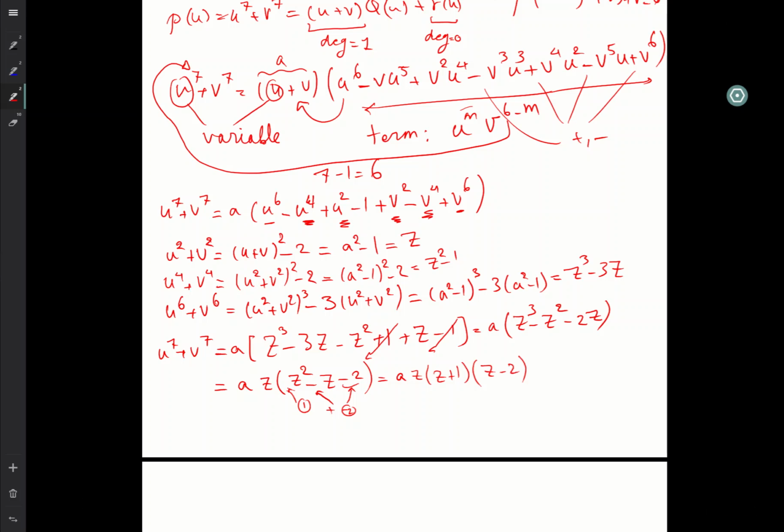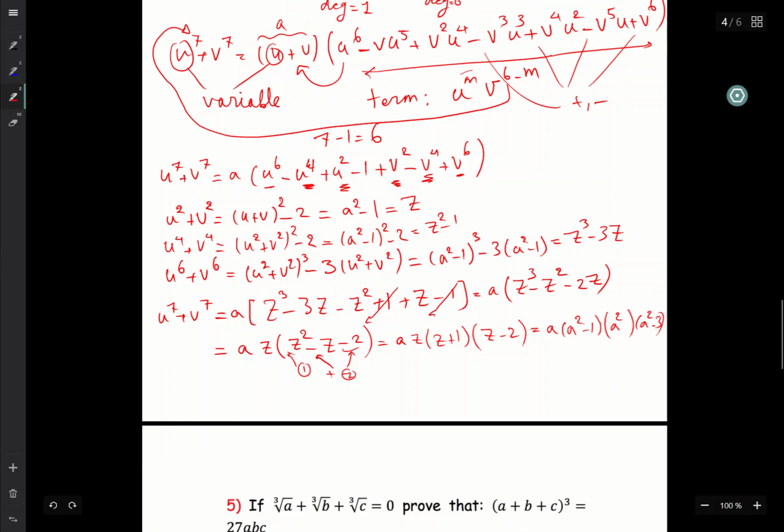Okay, so this becomes a squared minus 1, z plus 1 is a squared, and z minus 2 is a squared minus 3. Okay, so x7 plus 1 over x7 is a cubed, a squared minus 1, a squared minus 3.